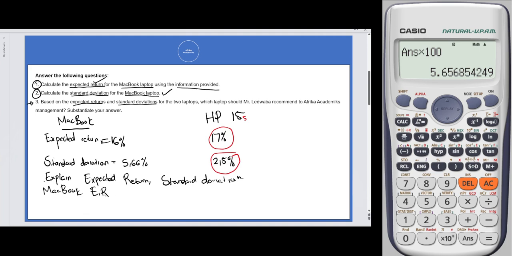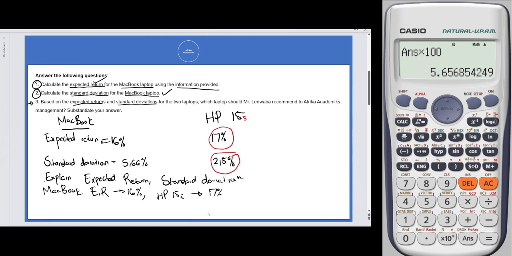The MacBook expected return is 16% compared to the HP 15S expected return of 17%. And then you will say that the HP 15S in this case is much better. And then you'll move to standard deviation. Then you'll say the MacBook standard deviation is 5.66%, while the HP 15S standard deviation is 2.5%.